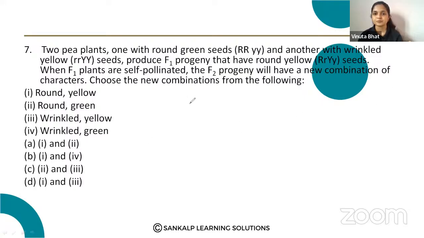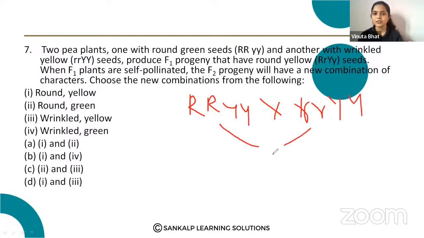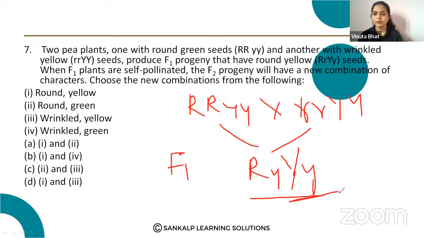Here, RRyy is crossed with small r small r, capital Y capital Y. You know that in the F1 generation, all will have round yellow seeds, right? Round yellow seeds. What will be the new combination in the F2 generation?